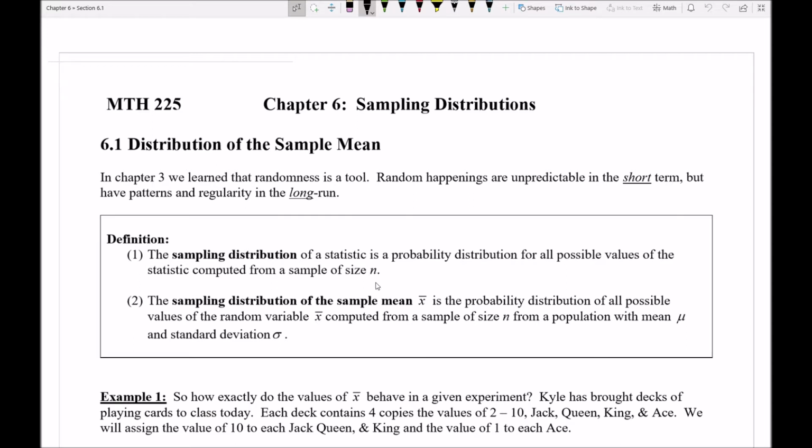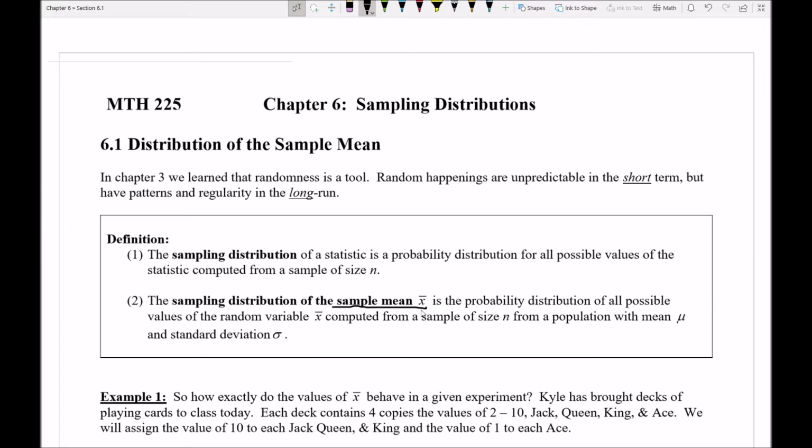One statistic that might have values that change from sample to sample is the sample mean, which of course has the symbol x bar. In this section, we're going to look at how the variable x bar acts as a random variable. That is, its value will be determined by chance as we take different samples.